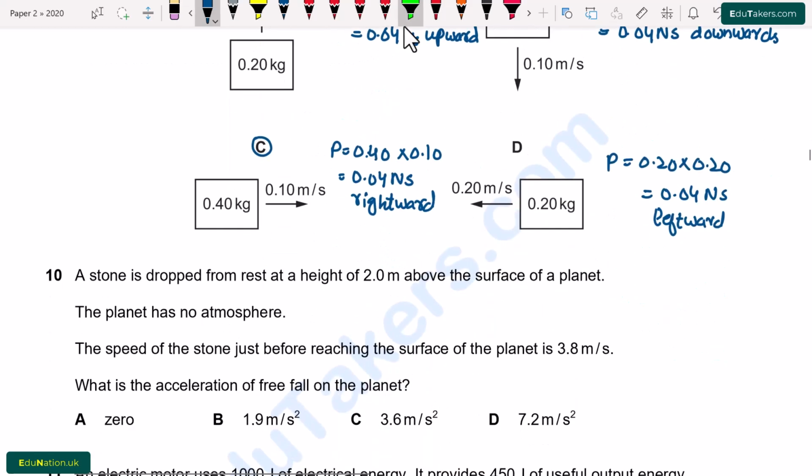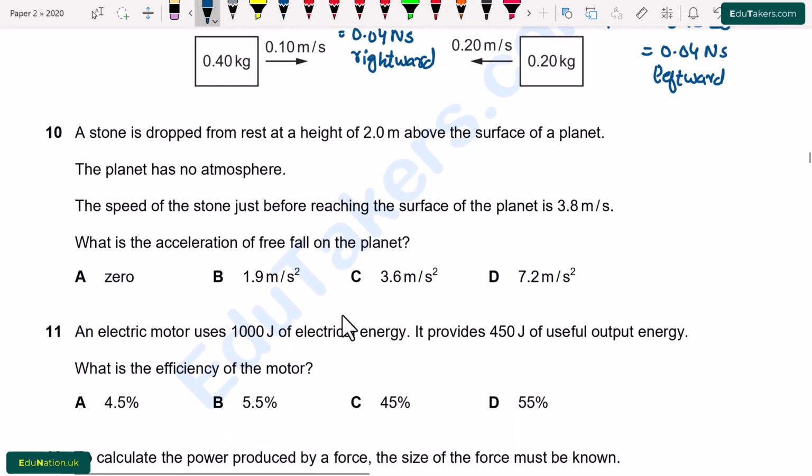Question number 10. A stone is dropped from rest at a height of 2.0 meter above the surface of a planet. The planet has no atmosphere. The speed of the stone just before reaching the surface of the planet is 3.8 meter per second. What is the acceleration of free fall on the planet? So here we have to find out the acceleration.